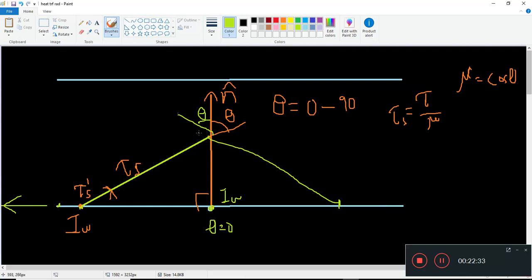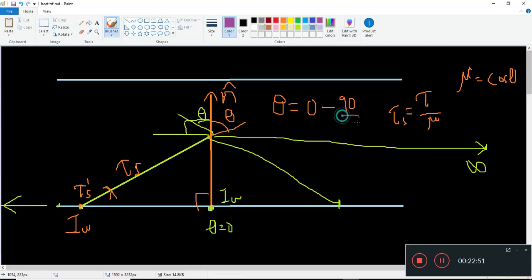The only thing is that when theta equals 90 degrees, something interesting happens. It means that the radiation is coming from, I don't know, infinity. It's going all the way to infinity. So that's an interesting point. At 90 degrees, this I omega will be from some point at infinity.